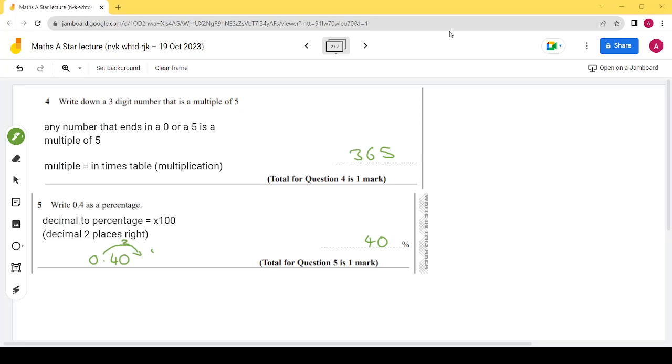I should say, by the way, in basically every past paper you're going to see, I would say that about 75% of marks, probably more than 75% of questions, could be on the non-calculator paper.